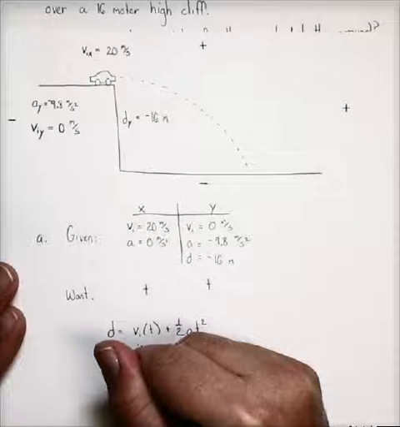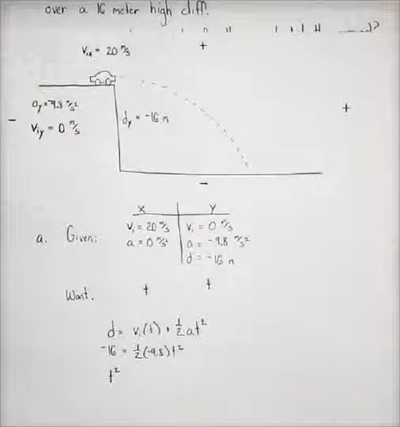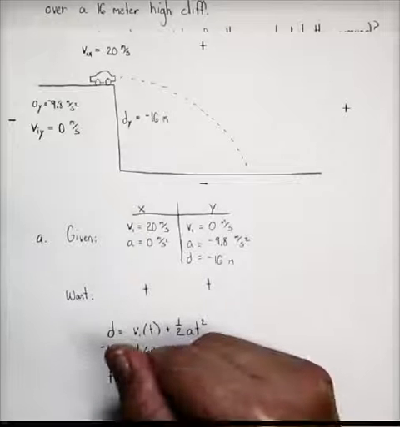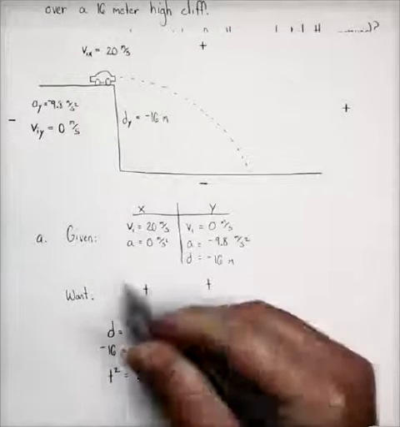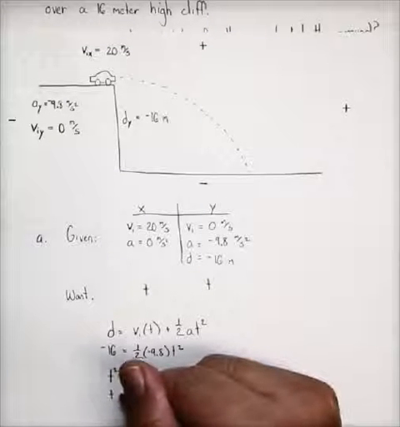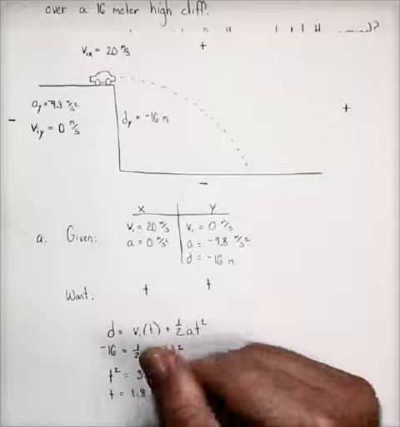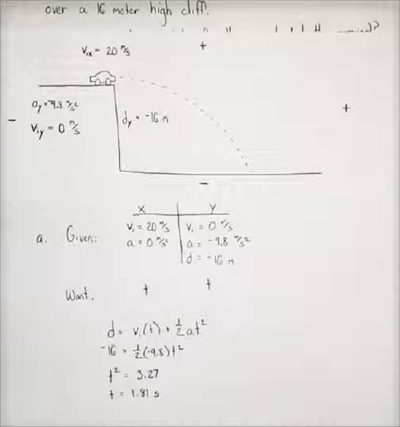Solving this for t squared, multiplying these out and dividing, we get a value of 3.27 for the time squared. Take the square root of this, and we find that the time is 1.81 seconds. And so with that, we found out how long this thing will be airborne. It'll be airborne for almost 2 seconds.